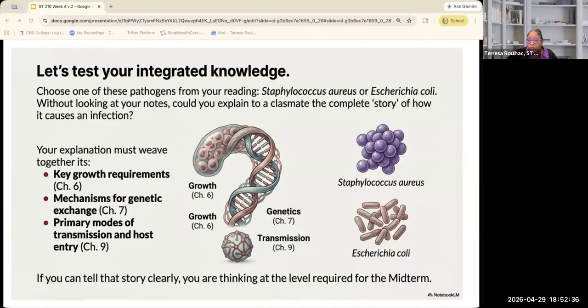Granted, we're not microbiologists, but it's important for us to understand the microbiology behind it because of what we do to protect our patients. I want us to use this mindset as we move forward, where our role makes the biggest difference in a patient's life.